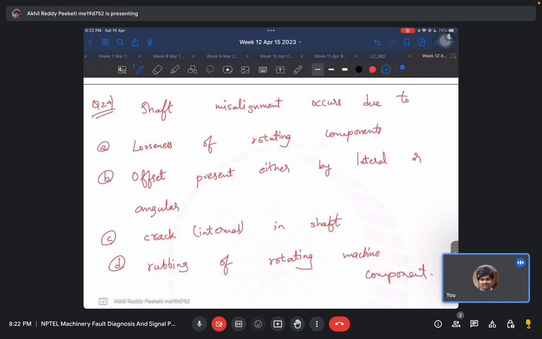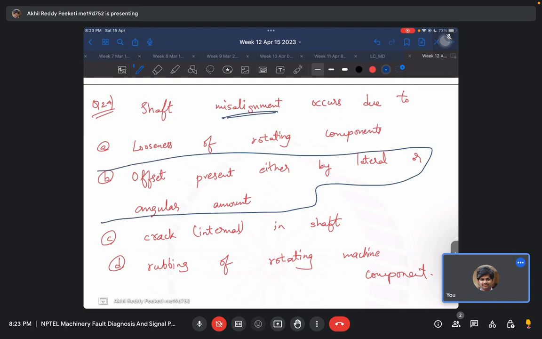Looseness of the rotating components, or offset present either by lateral or angular amount, or due to the presence of an internal crack, or due to the rubbing of rotating machine components. So the shaft misalignment actually occurs due to the offset present either by lateral or angular amount.